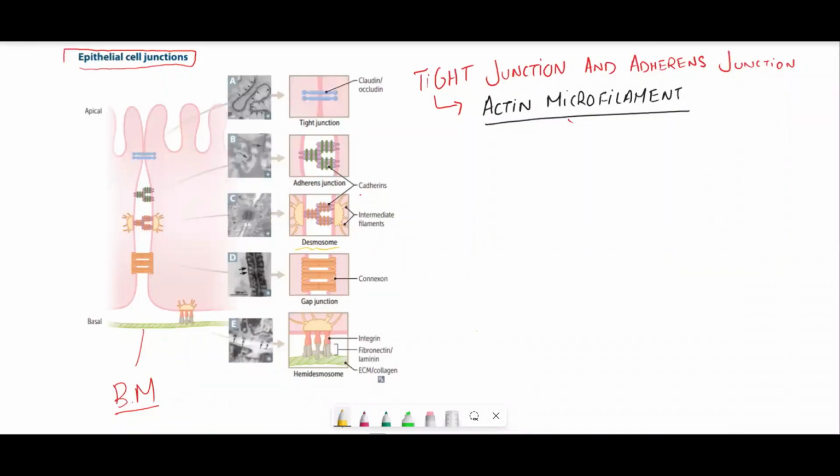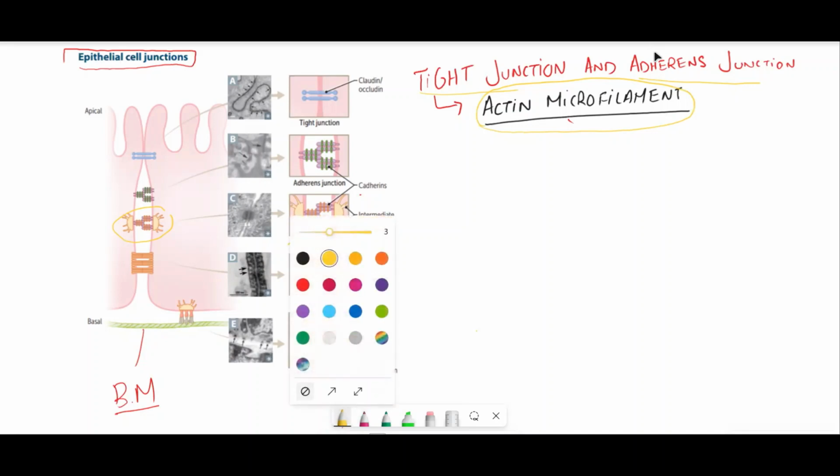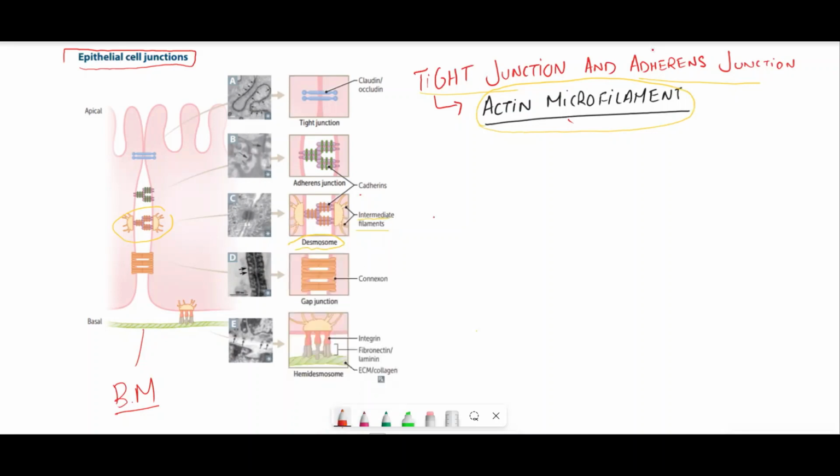So the next is the desmosome. This desmosome is connected through the intermediate filament, while the tight junction and adherens junction are connected to another cell through the actin microfilament. This is the high yield stuff. Damage to the desmosome takes place in a disease known as Pemphigus vulgaris.